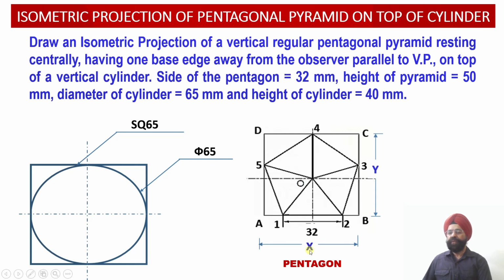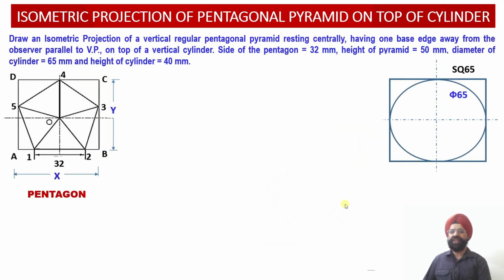So once we draw edges X and Y onto the isometric projections, then the points of the pentagon, that is the 1, 2, 3, 4 and 5 points, corresponding to the edges of the pentagon, can be located appropriately in the isometric projections using the rectilinear distances, right? So with this background, now we are going to start with the construction of, first of all, the cylinder, and then we will see how we can locate and place this pentagonal pyramid centrally on top of the cylinder.